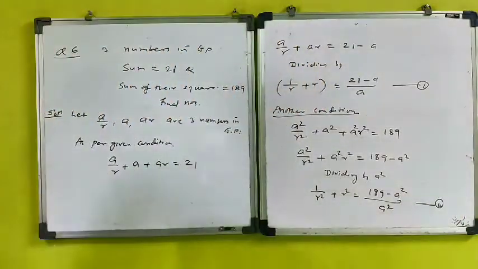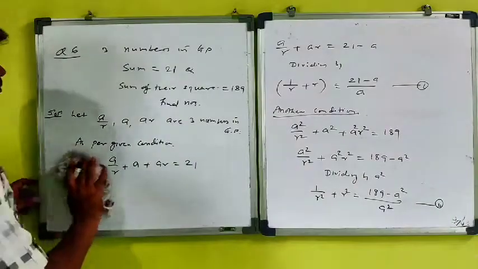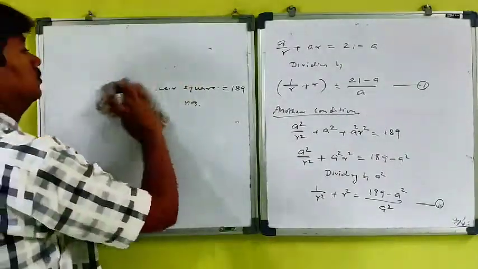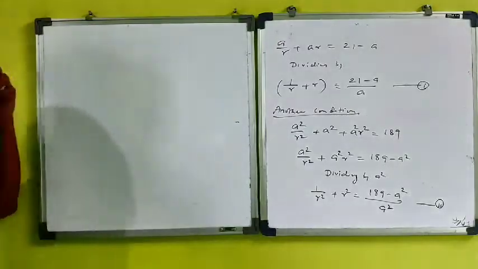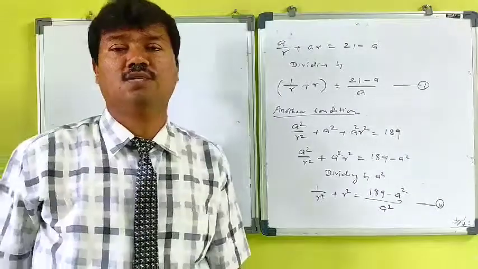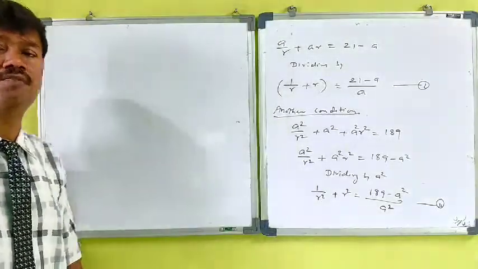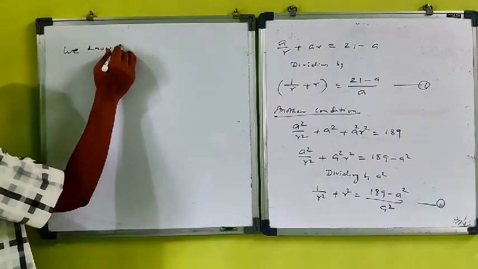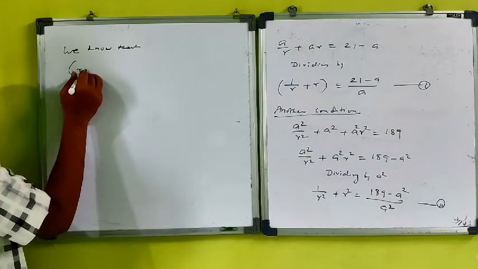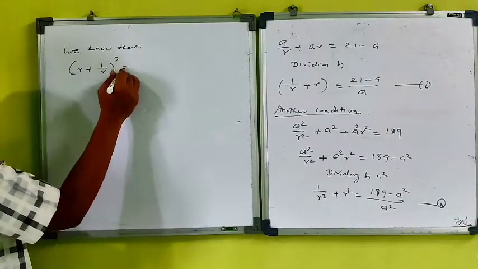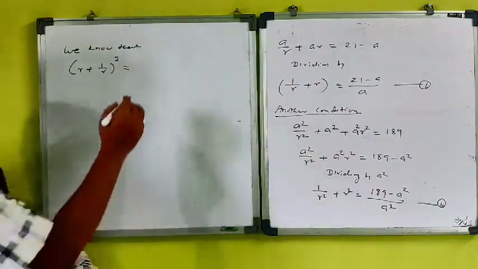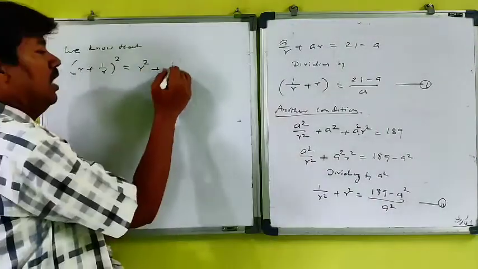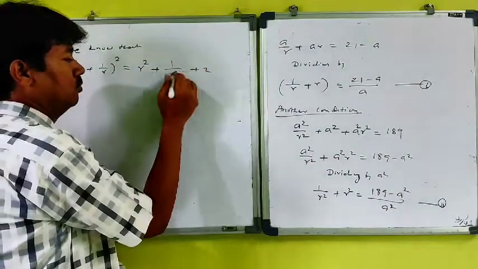So now, after this, what is the value of R plus 1 upon R whole square? We know that R plus 1 upon R whole square is equal to R square plus 1 upon R square plus 2.